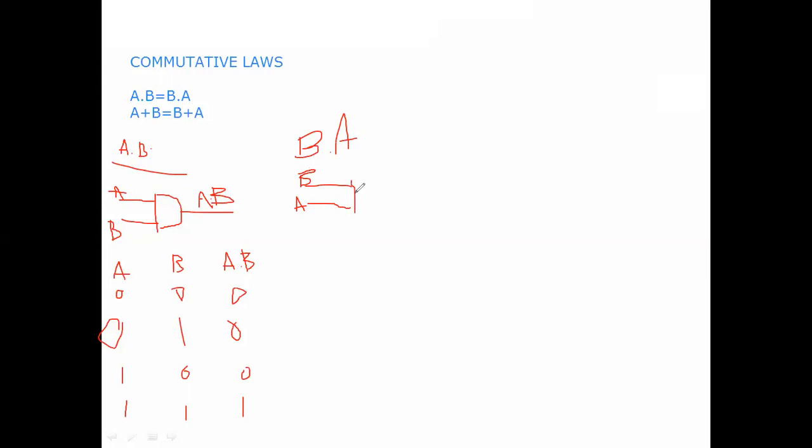Here the first input is B and the second input is A. So B dot A. First we are taking the input B, then A. The combinations are 0, 0; 0, 1; 1, 0; 1, 1.